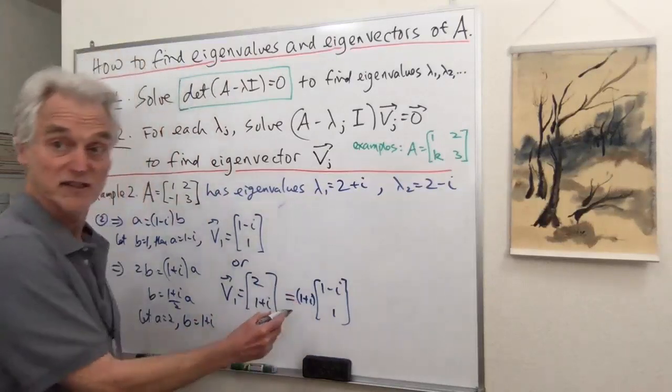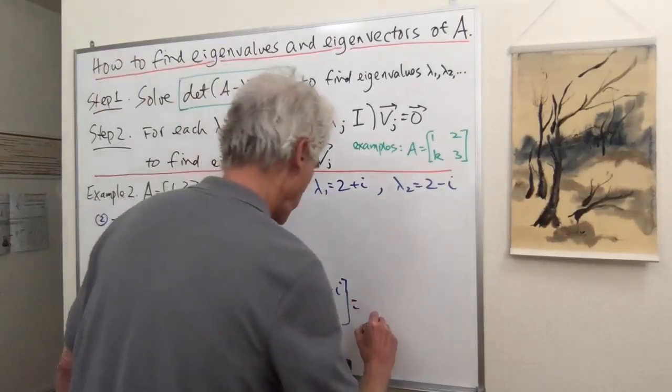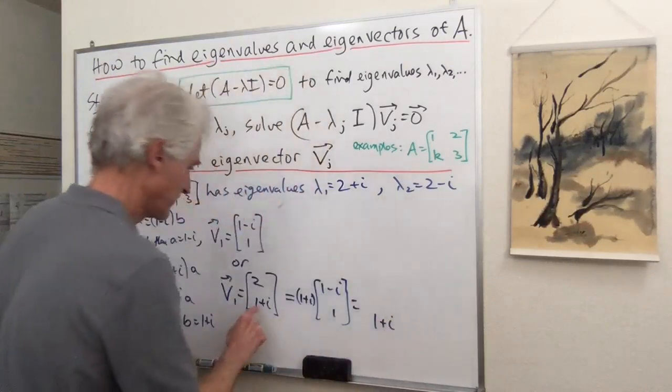Why did I multiply by that scalar 1 plus i? Because I wanted to make the bottom component 1 plus i, so the same as that.